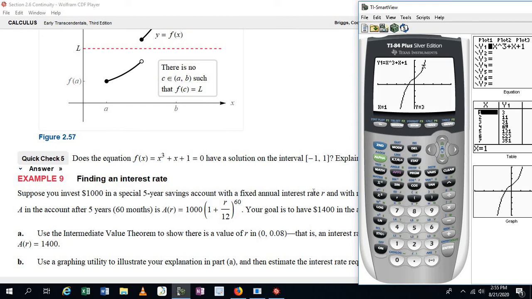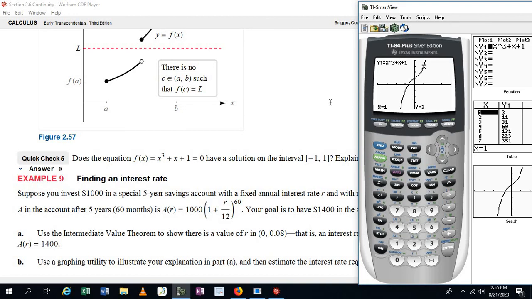So our conclusion is that there must be some number c in the open interval from -1 to 1 where f of c is equal to L, which is 0 in this case. You can see in the graph that c is at this point right here, between -1 and 1, in that open interval.